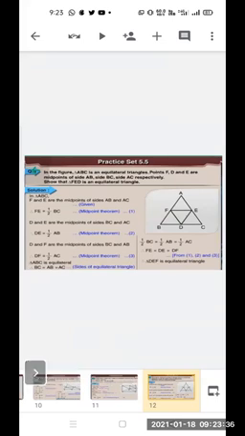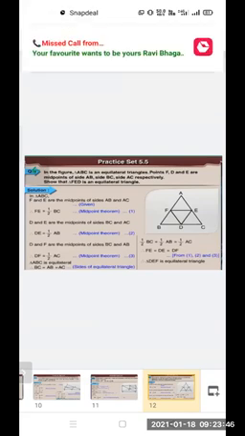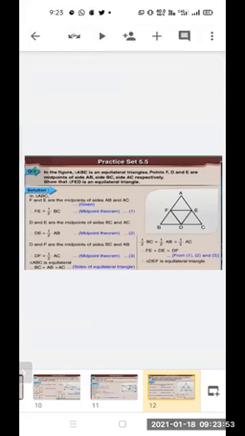Third question, you can see it on textbook page number 73. In the figure, triangle ABC is an equilateral triangle, and points F, D, E are midpoints of side AB, side BC, and side AC respectively.